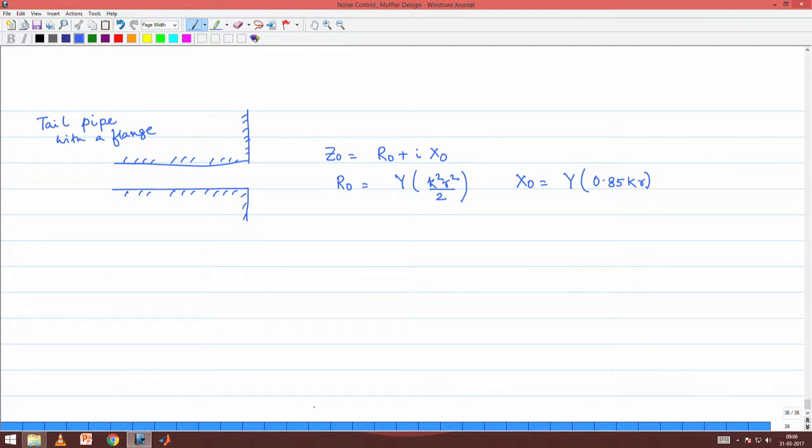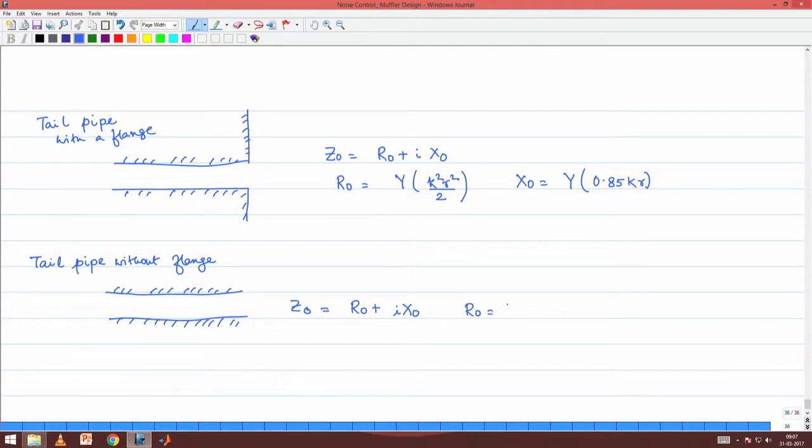Okay. So, this is the radiation impedance formula for the tailpipe which is opening into the atmosphere, but the tailpipe has a flange. And the more usual situation is when the tailpipe just directly opens into the atmosphere and does not have any such flange artifact. So, this is a tailpipe without any such flange. In that case, we will have Z0 again given by a resistance and a reactance.